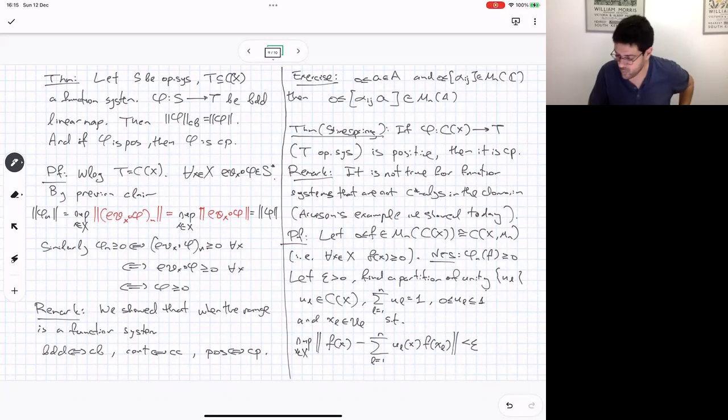Now, what are these? These are scalars. I mean, the partition of unity, I took it to be not matrix valued, but scalar valued. This is just complex numbers. And for every l, f of x_l is a fixed n by n matrix.